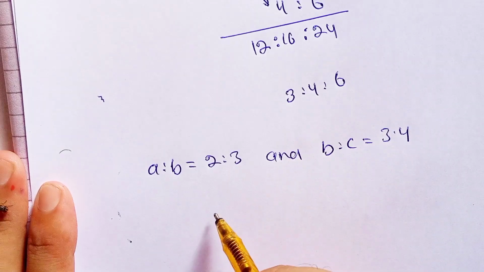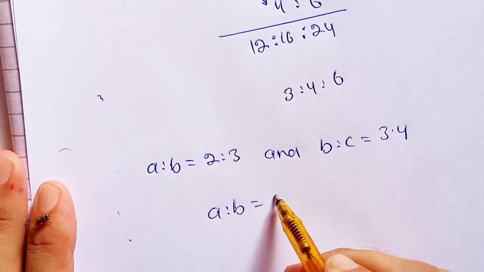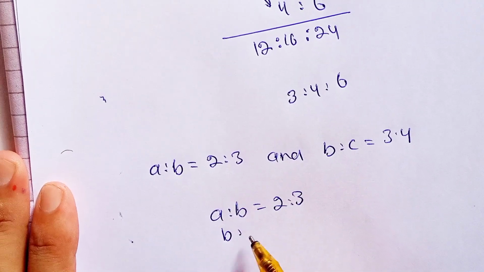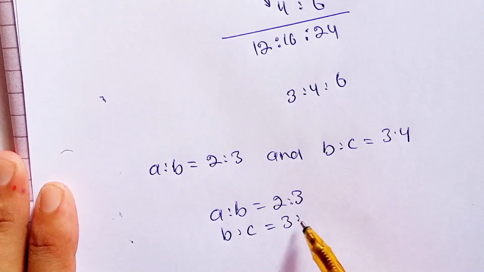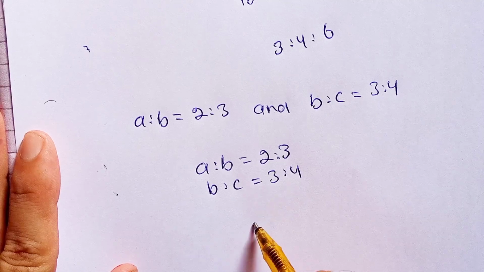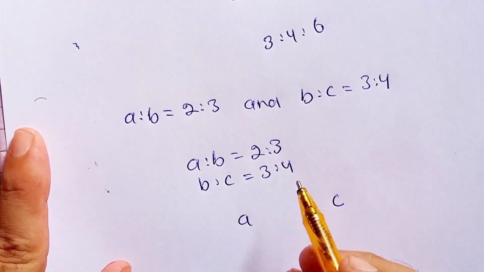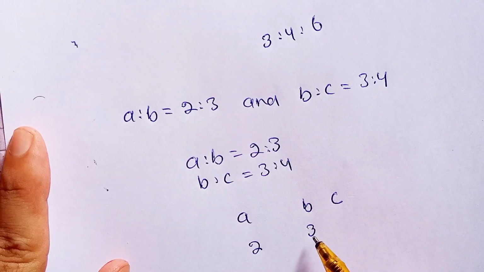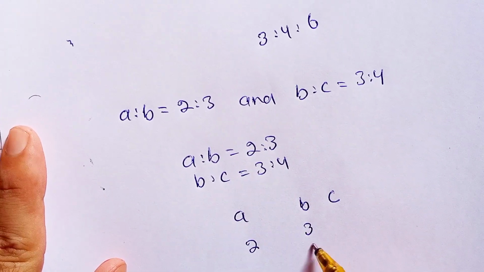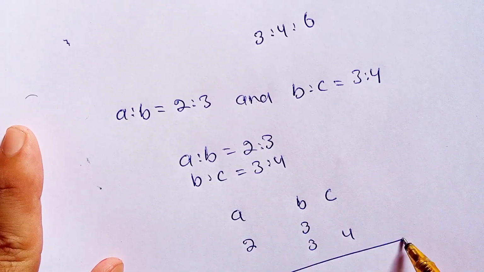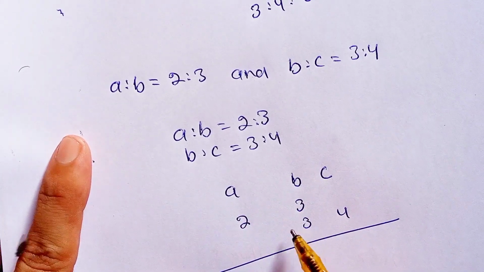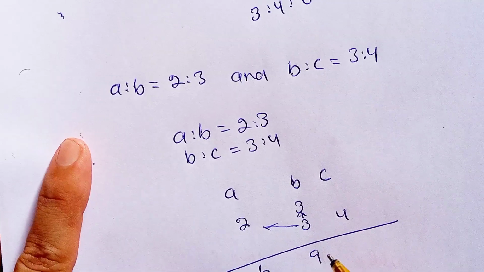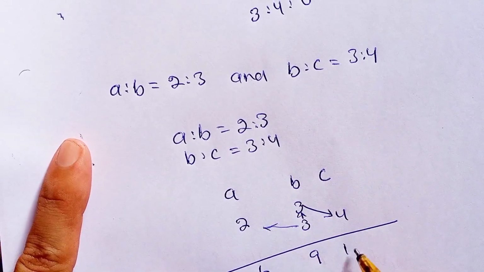A:B is equal to 2:3 and B:C is equal to 3:4, right? 3 times 2 is 6, 3 times 3 is 9, and 3 times 4 is 12.